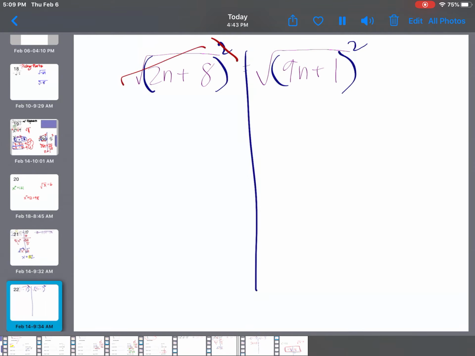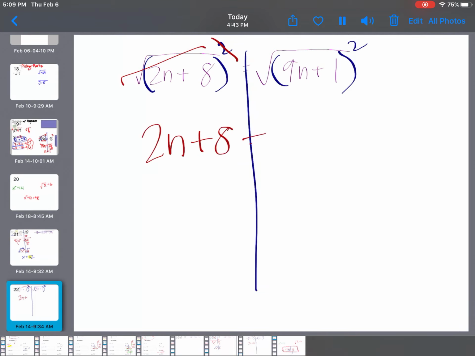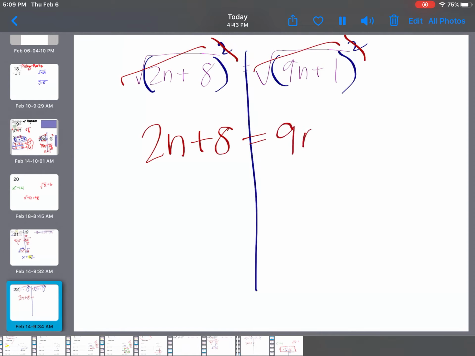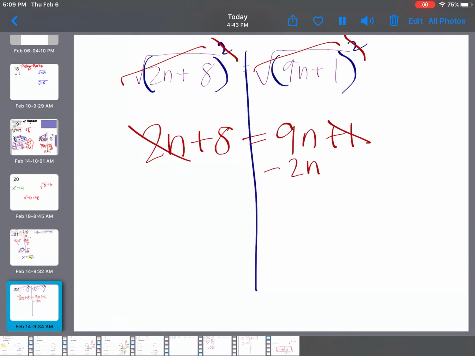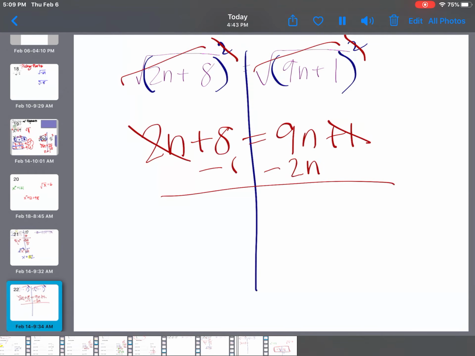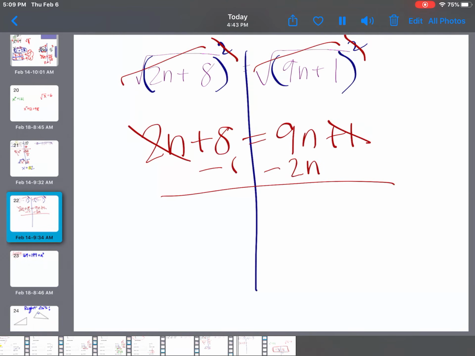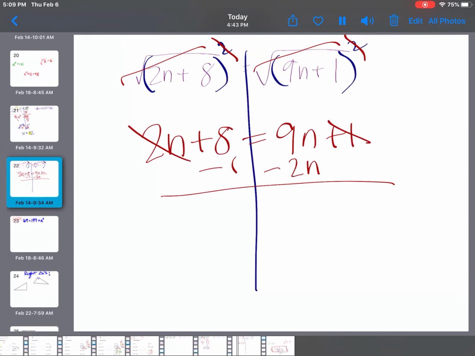This gives us 2n plus 8, and on the other side, these cancel and leave us with 9n plus 1. And we're back to chapter 1 stuff from this year. Put the like parts together and solve it from there. There's only 1 or 2 of those tricky ones on your assignment today.